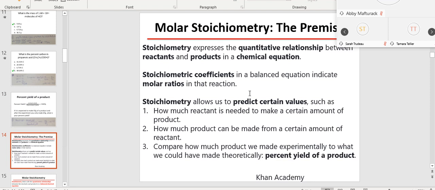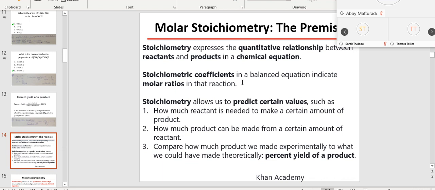Now we get into the stoichiometry. And it all has to do with ratios. That's all it is. The stoichiometry expresses the quantitative relationship between reactants and products of a chemical equation. The equation must be balanced.